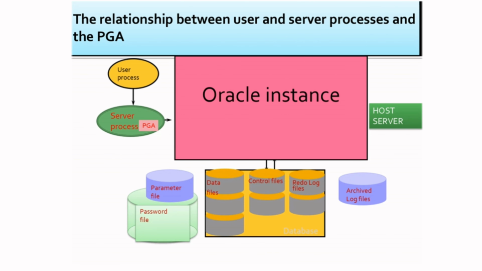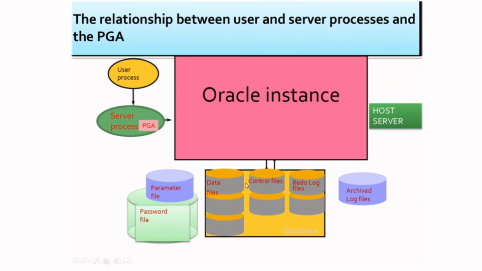The relationship between user and server process and the PGA. In the host server, we find the Oracle server. The Oracle server is the Oracle instance and the database.